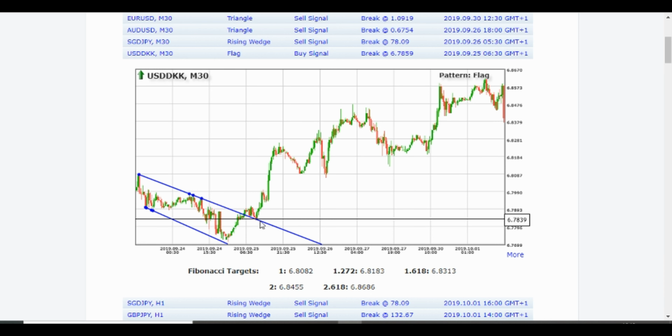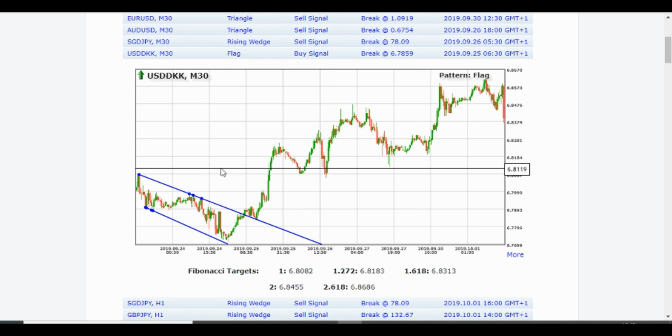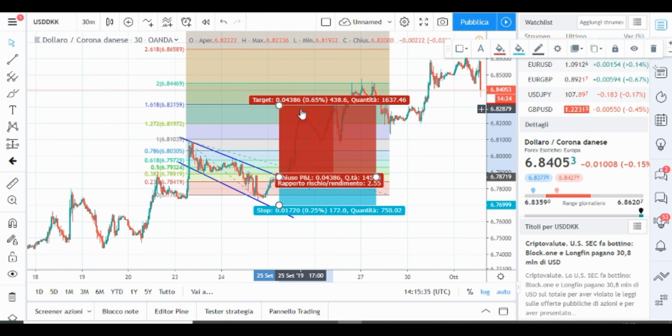This was not the case that time. Okay, if you put the stop loss just down here, you're gonna get ejected from the trade. So this was a very good one. We earned 438 pips. So it was a very good trade, a very good day.